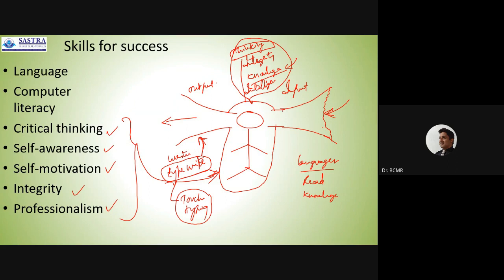Success just does not depend only on this. It also depends on our skills and ability to acquire more knowledge, input of knowledge into us, and also communicate the knowledge that we have already gained. That is the output. We are just the processing machine, and we should be happy.